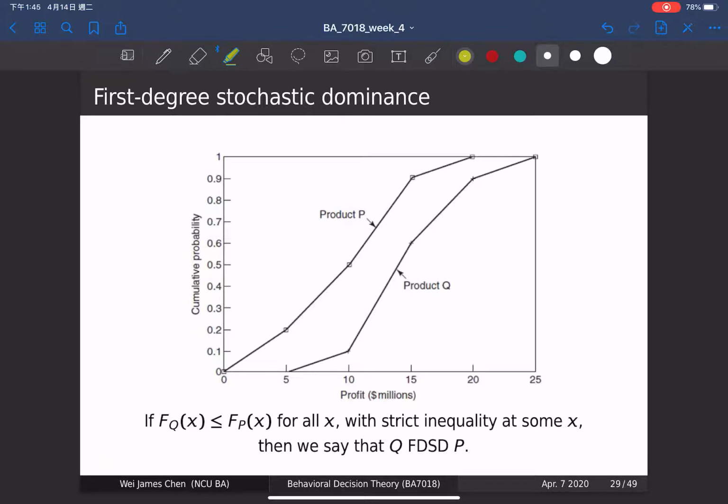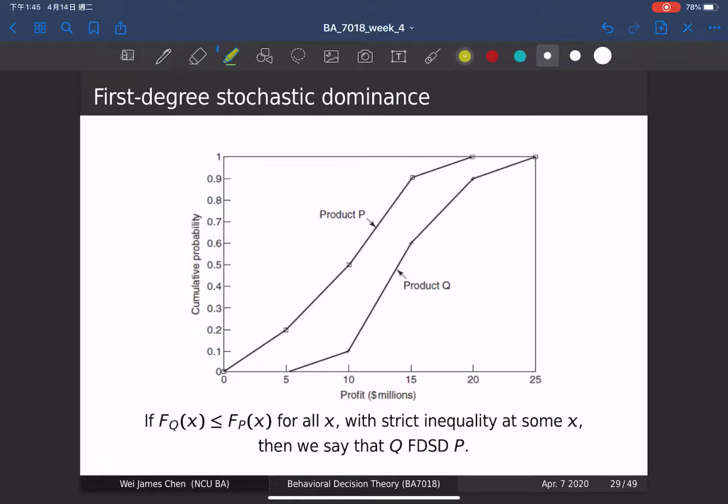In this case, you can see that F_Q(x), this function, is less than or equal to F_P(x) basically everywhere, with a strict inequality at some point x.